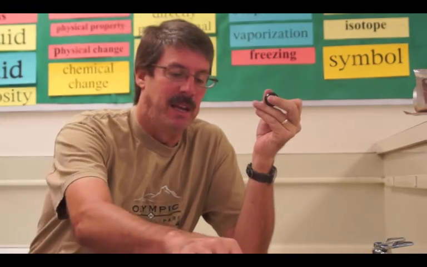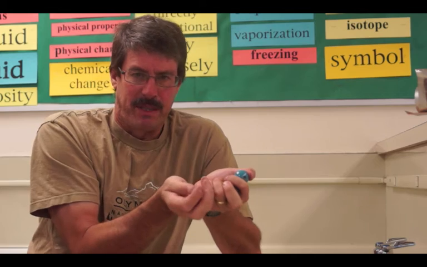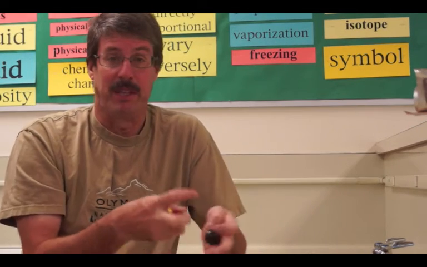We used these molecular model kits last year, and this represented an atom of carbon, and this represented an atom of nitrogen, and this represented an atom of hydrogen, and this represented an atom of oxygen. These were those basic single particles of the element, and then they could build together to make what are called molecules.